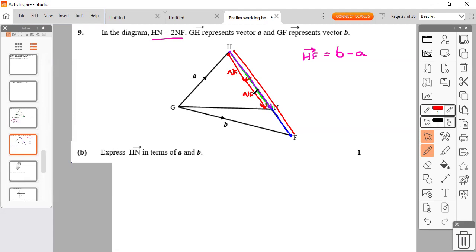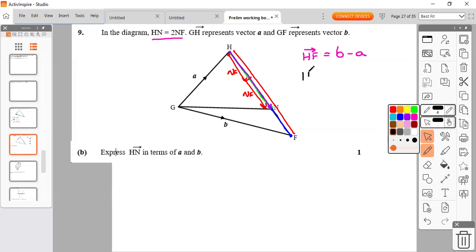So that's what it's looking for you to understand. It's hard to explain and say outright, but if you made the journey NF 3 times, you're doing the equivalent of the journey HF.